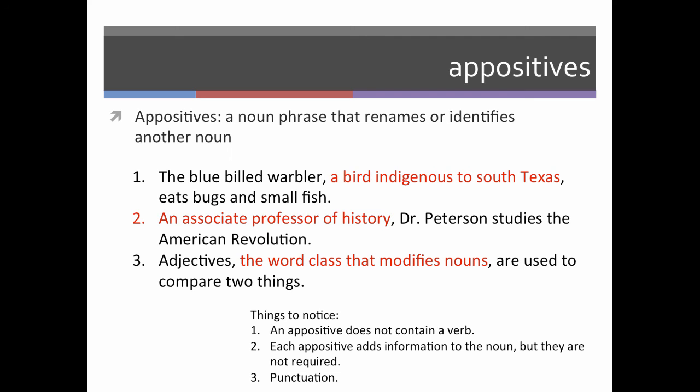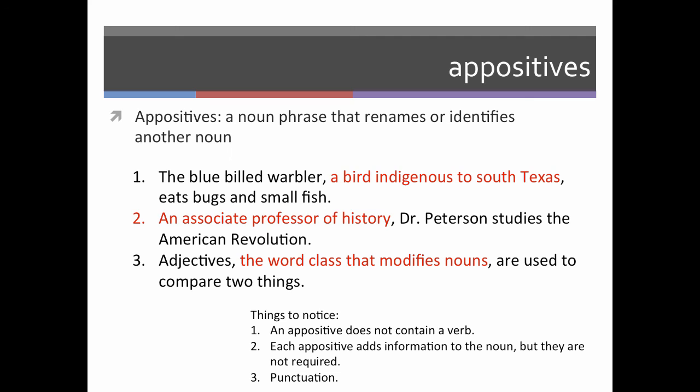Same is true with number 2, an associate professor of history. Here the appositive starts the sentence, so it's followed by a comma, and the appositive is giving us more information about Dr. Peterson. Again, in 3, we have the appositive, the word class that modifies nouns. That's just giving us more information about adjectives. Notice that none of these appositives has a verb.